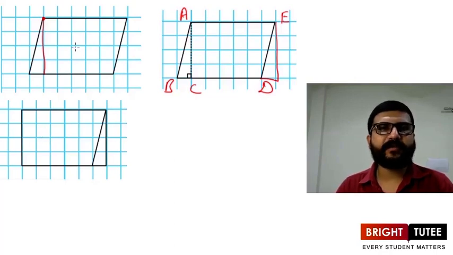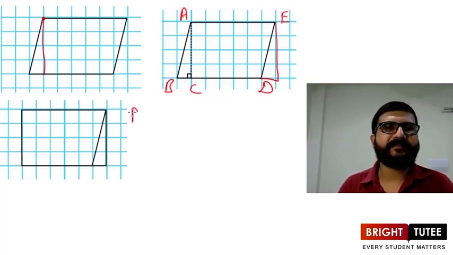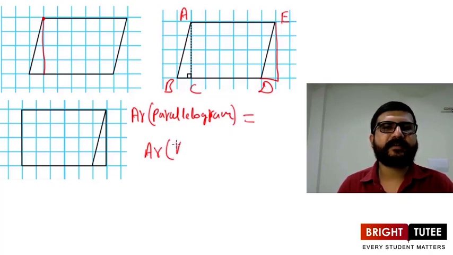Now what do you think about area of this parallelogram and area of this rectangle? Will it be equal? Yes, it is equal. So what we are having now, area of parallelogram is equal to area of rectangle.